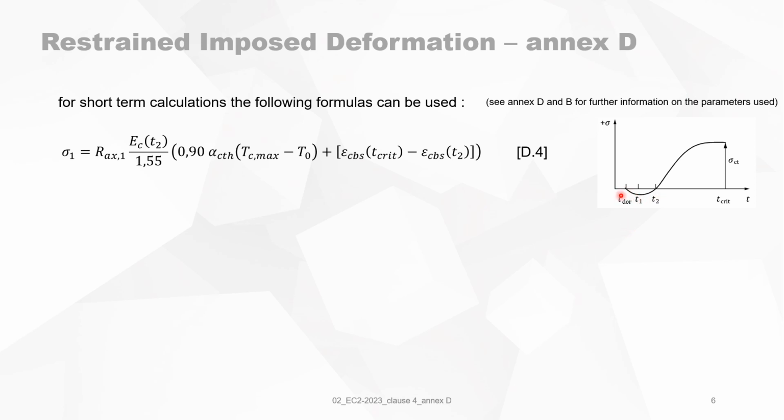So this is from T0 until T2. T2 is the time at which the first tensile stress develops, until you reach T critical, and T critical is where the cracking risk is for the first time bigger than 1. All those values of T are not known yet, certainly not in a design phase.